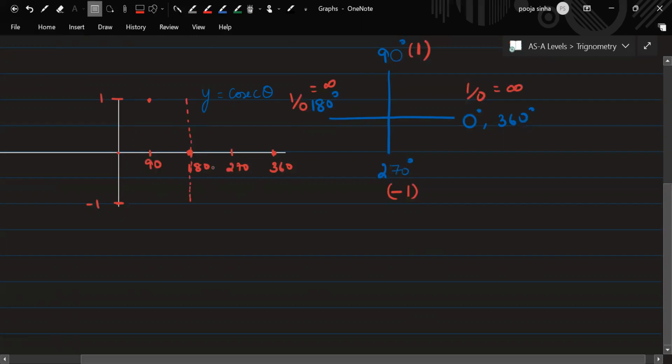Right? So infinity हमारे पास कहाँ पर है? 180 पे और 360 पे. Correct? And this one is going to be infinity before, मतलब very high value, but it comes down to 90, which is 1.